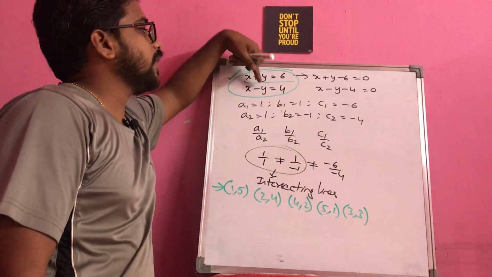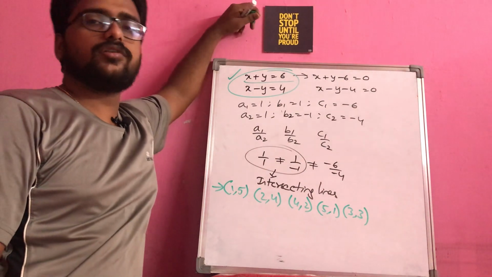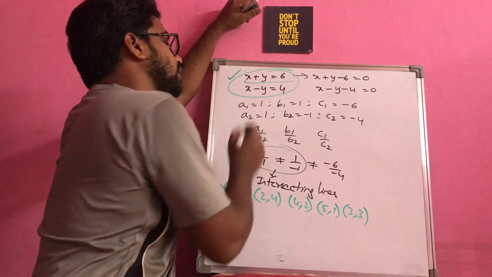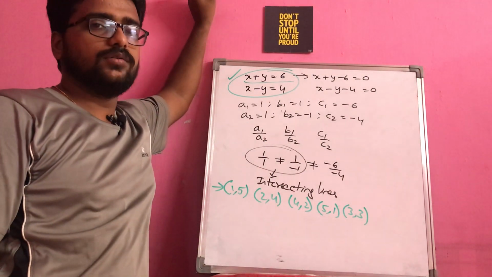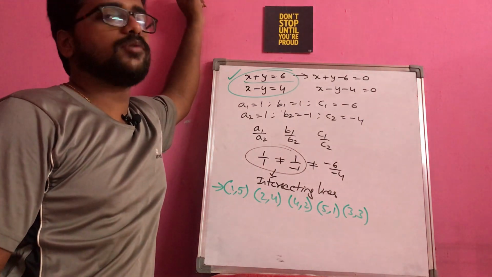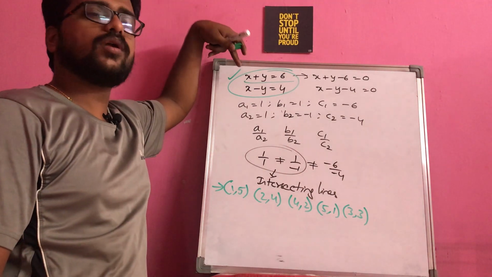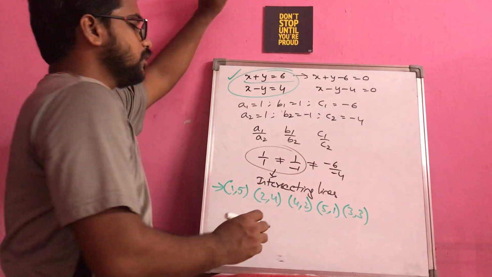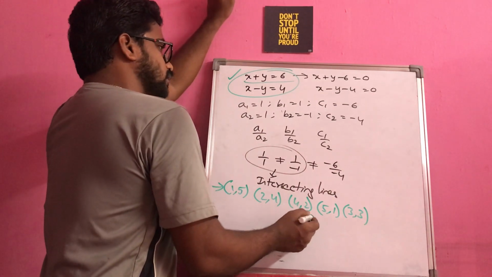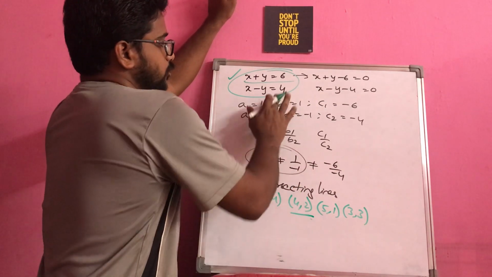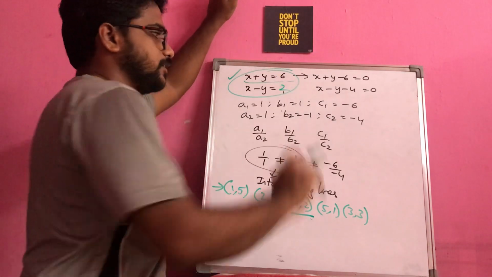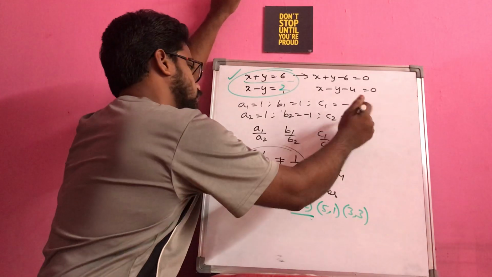In the similar way, x minus y is equal to 4 means I have to take the x value greater than the y value, because the difference is a positive number, so x should be more compared to the y value. Sorry, let us say x minus y is equal to 2, the constant is 2 here.